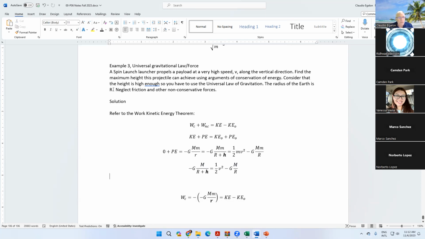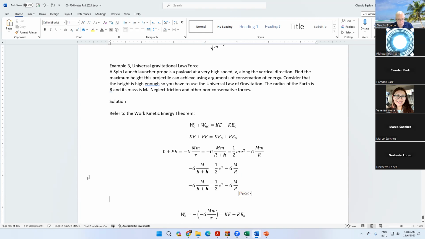The radius of the Earth is R and its mass is big M. So we know the radius of the Earth and the mass of the Earth. This height is not going to be a function of the mass of the satellite. So we know almost everything here. Let's see how we're going to solve it.